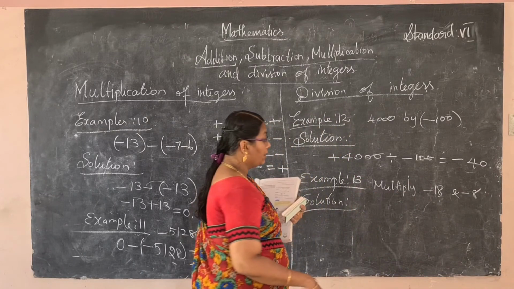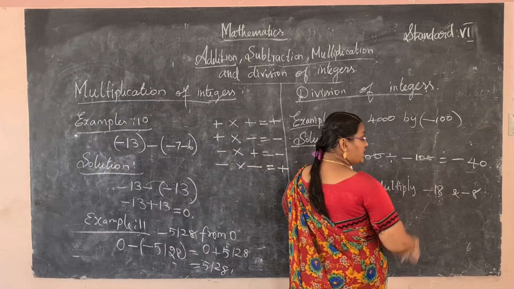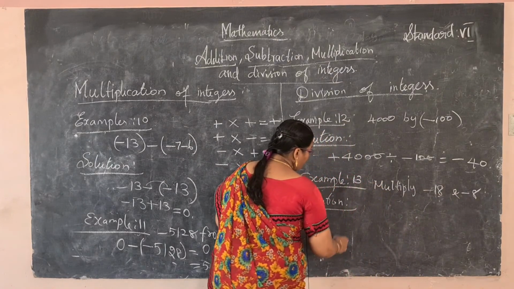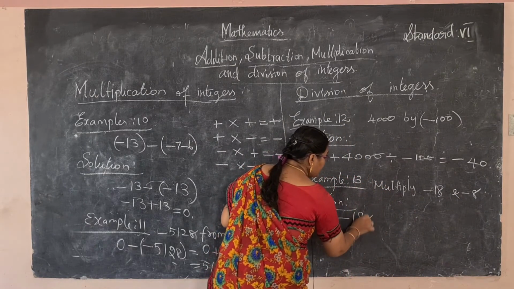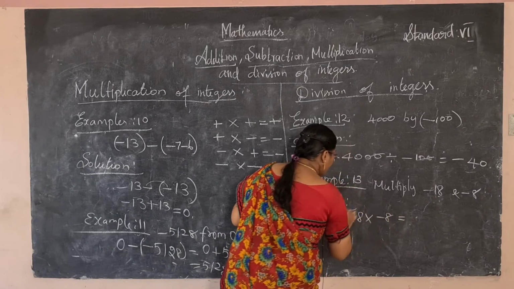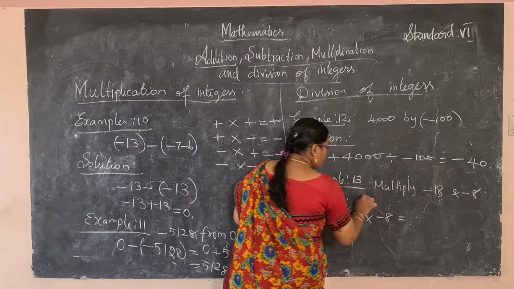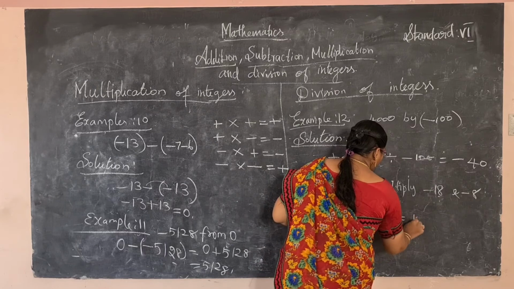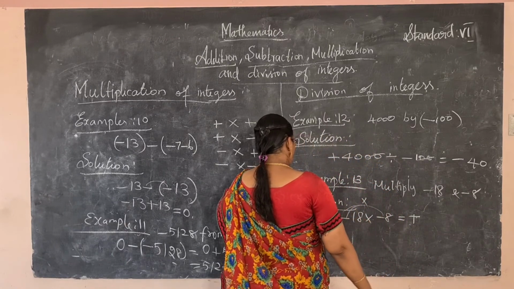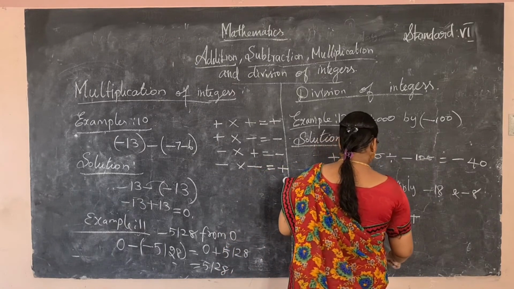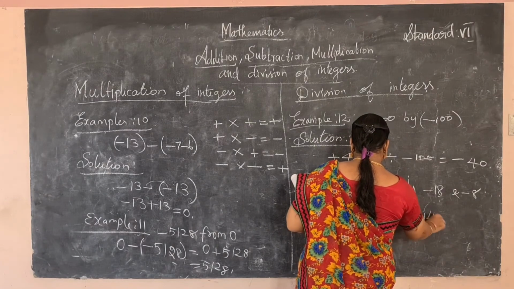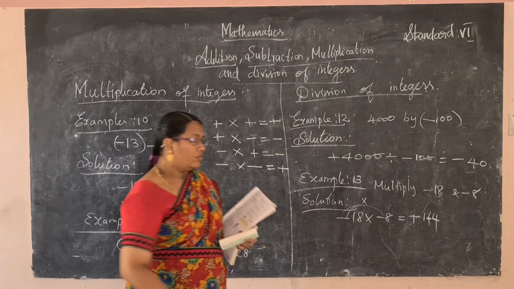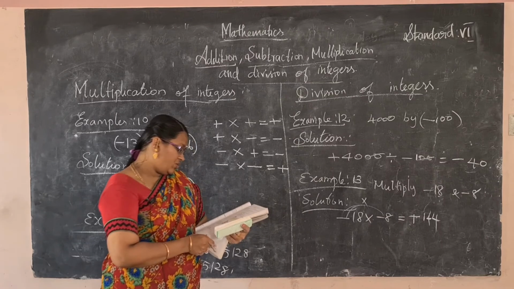So multiplying minus into minus is plus. First put the sign. So the product of negative numbers is positive. Minus into minus is plus. So 18 eights are 144. 144. That's all. Okay.